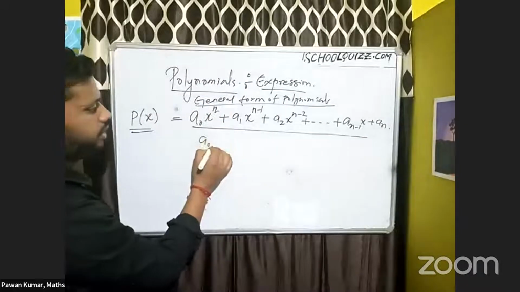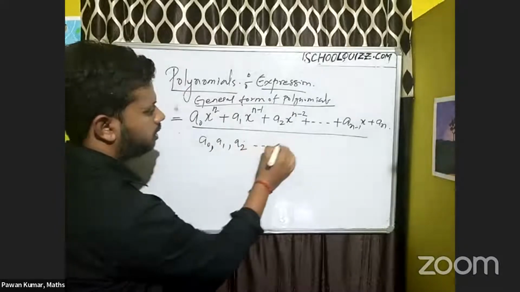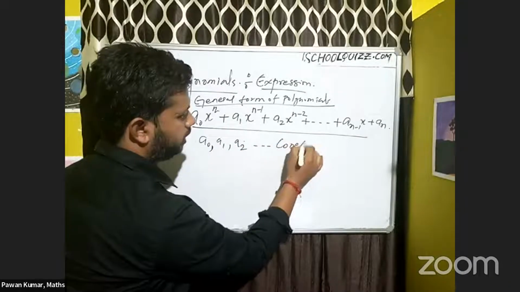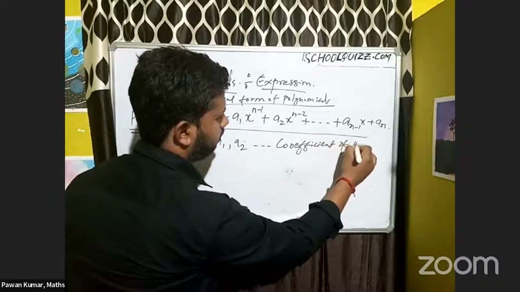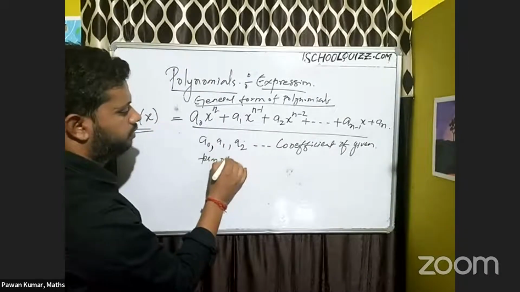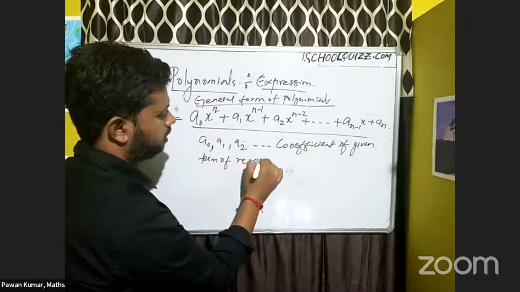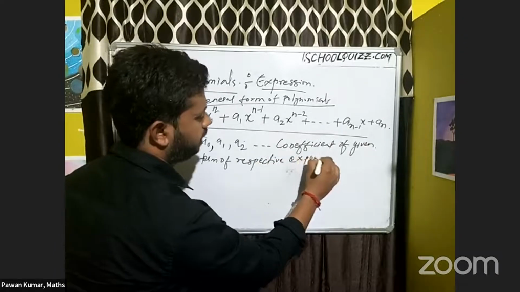Here a0, a1, a2 are the coefficients of the given term of the respective power, or we can say exponent.